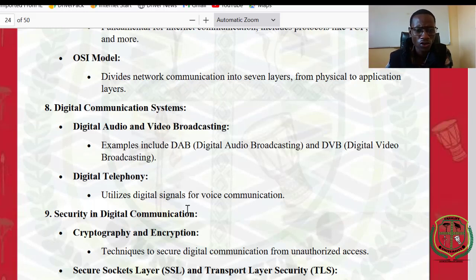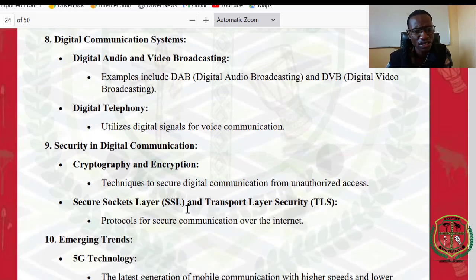One important thing, of course, is security in digital communication. These are some of the principles we need: cryptography and encryption. Basically, we are talking about techniques to secure digital communication from unauthorized access. You may have heard that in Zambia some people are complaining that their conversations were leaked.